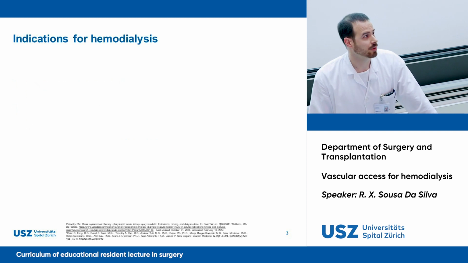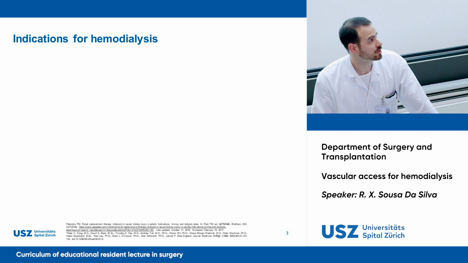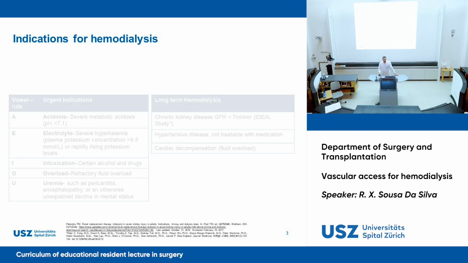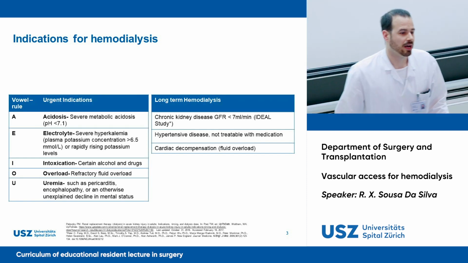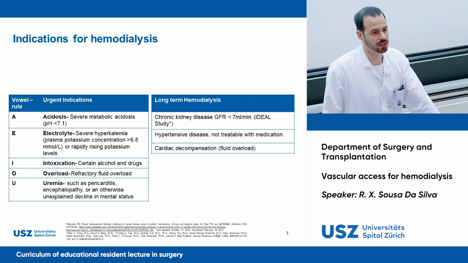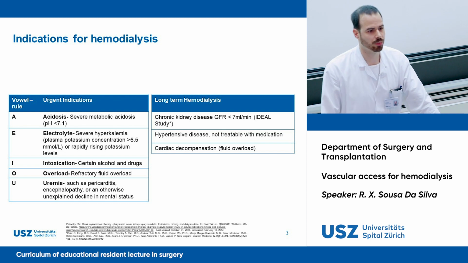First, can any resident tell me an urgent indication for hemodialysis? For example, an intoxication. Yes. Or acidosis. That's right. You have the vowel rule that helps you to memorize. It's A, E, I, O, U. A stands for acidosis, pH below 7.1.